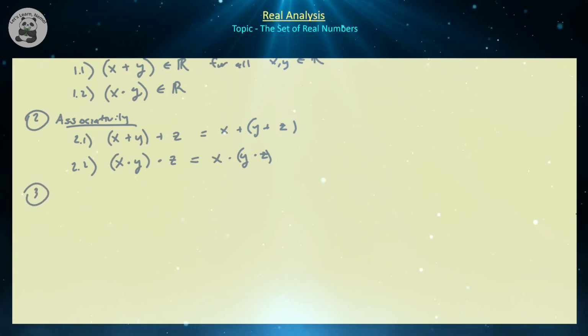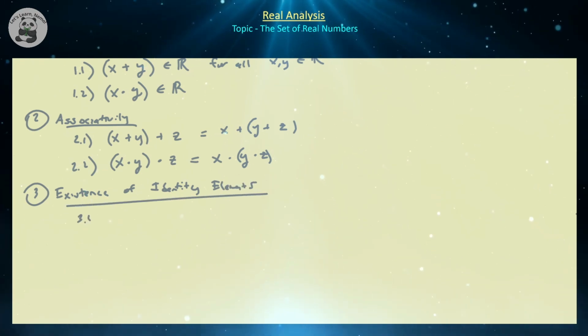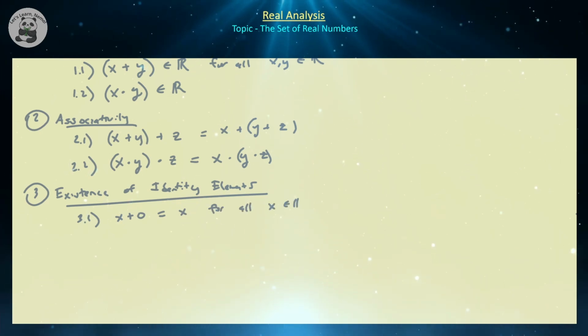The third property is the existence of identity elements. In particular, unique identity elements. There exists in the set of real numbers some number 0 such that x plus 0 is equal to x, and this is for all x in the set of reals.